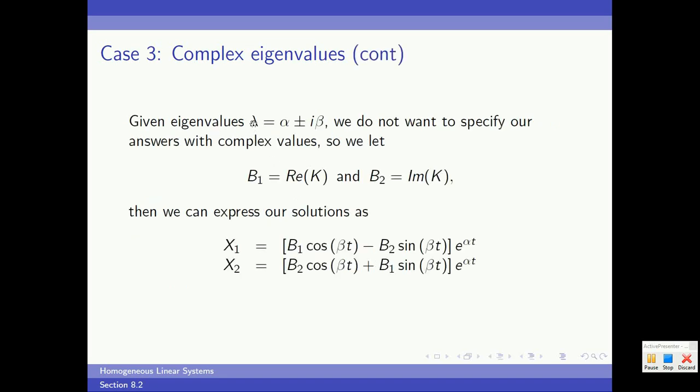So what we do is with our lambda, since our lambda is complex, we're going to find complex eigenvectors, and so we're going to let B1 be the real part of that eigenvector, B2 be the imaginary part of that eigenvector, and so our solutions are going to be combinations of cosines and sines that have this beta inside, and then e to the alpha t.